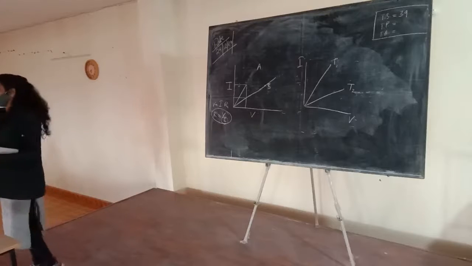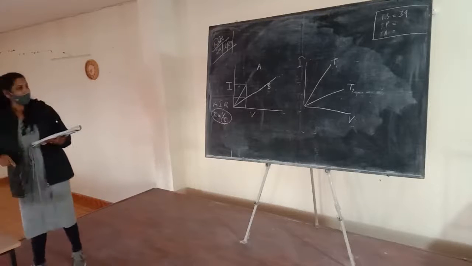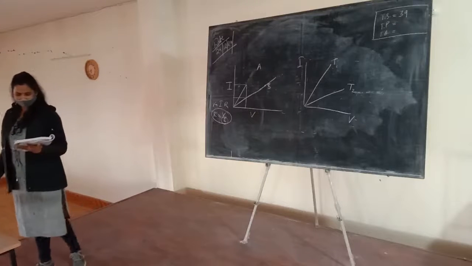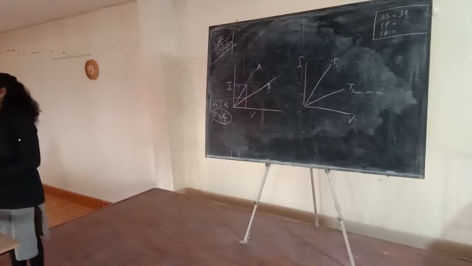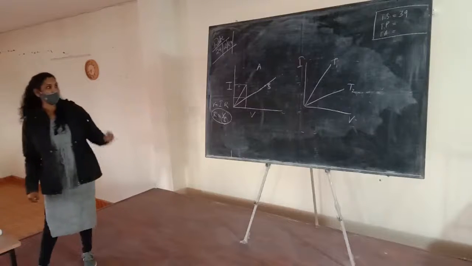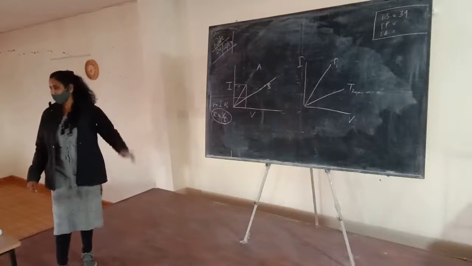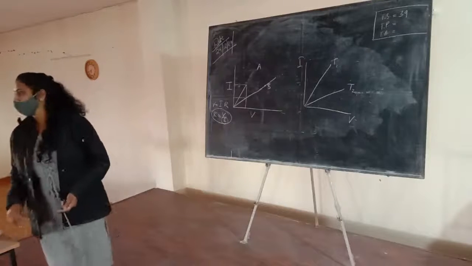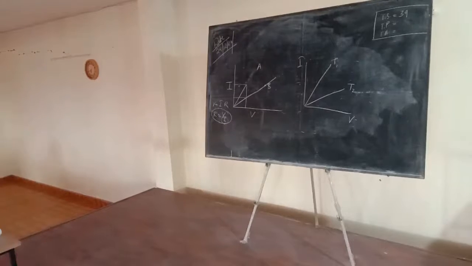You have to tell me which temperature is higher, either T1 or T2, with explanation. Don't just give the answer. You have to explain which one is the greater temperature, with proper explanation.